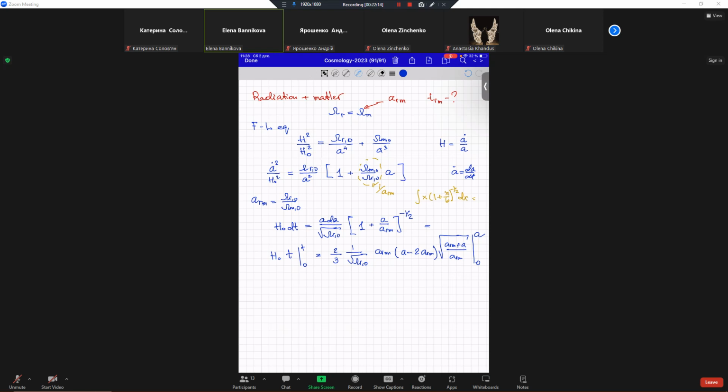Finally we will have H0 t equal, yes, I will take out this 2, so it will be 2 divided by 3 a_eq squared, because I will take out also the square root of a_eq divided by omega R0.